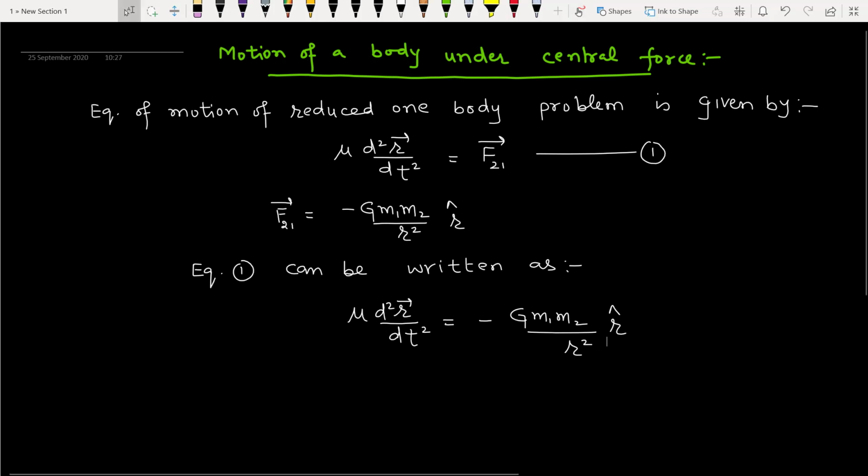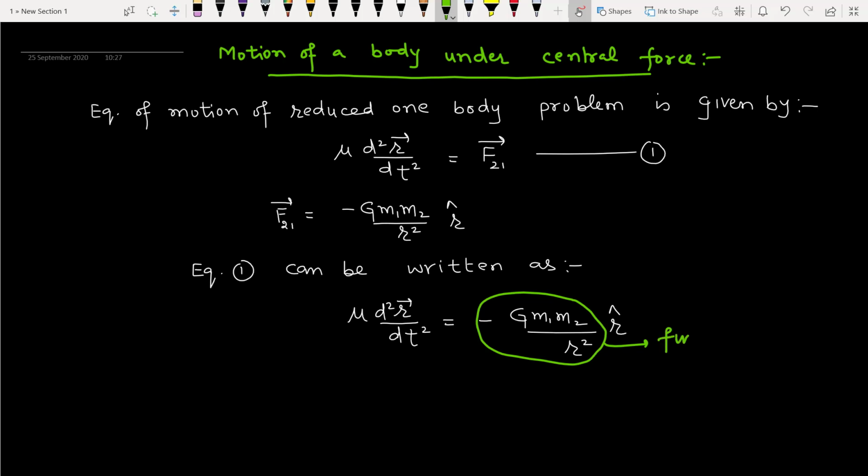If you look at the equation carefully, you will observe that this is a function of r only, because capital G, the universal gravitational constant, and m1, m2, the masses of the first and second body respectively, are constants.